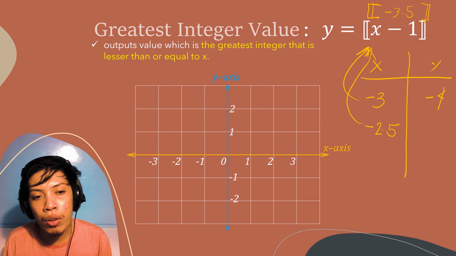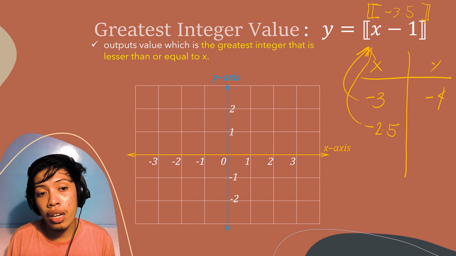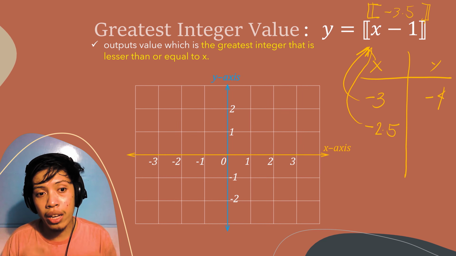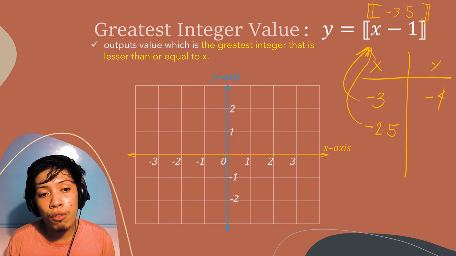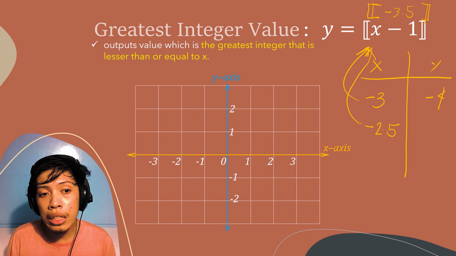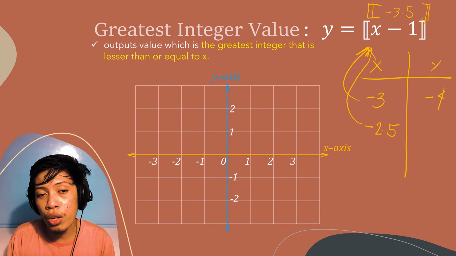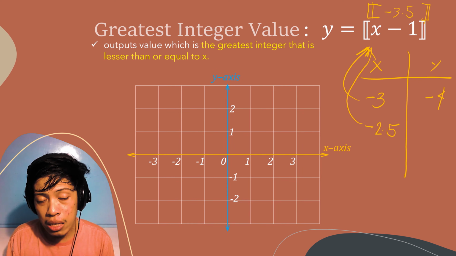So what will be your value for y? Take note, what we are looking for is the greatest integer that is just below negative 3.5. What integer is just below negative 3.5? That is negative 4, right?